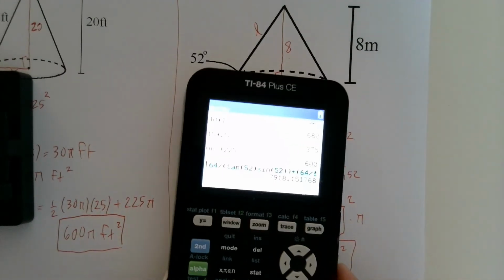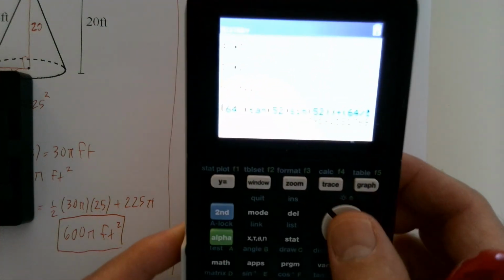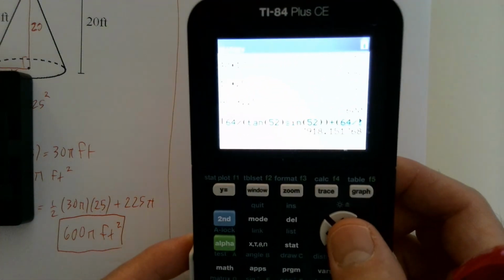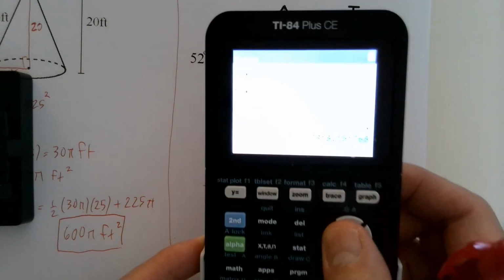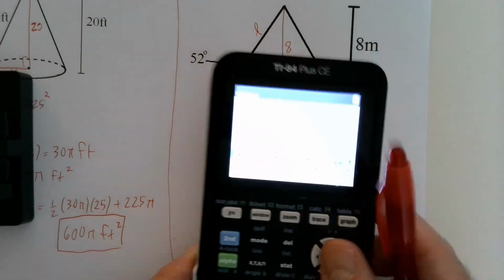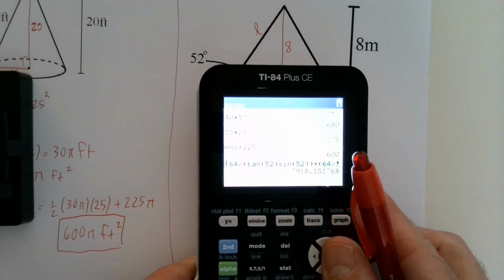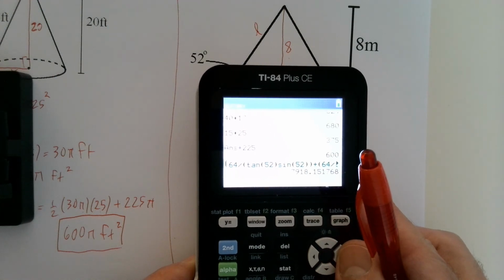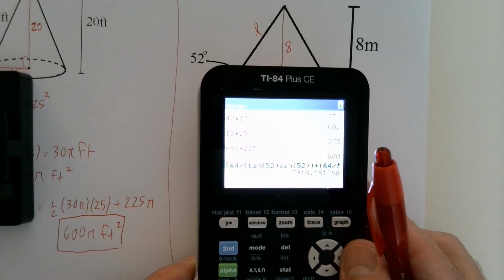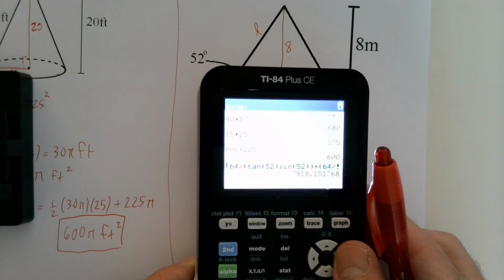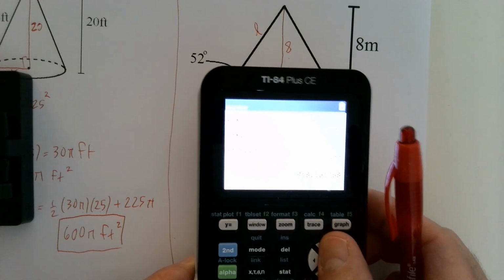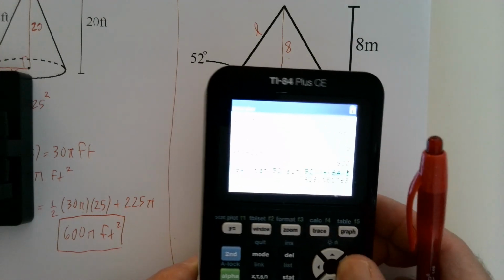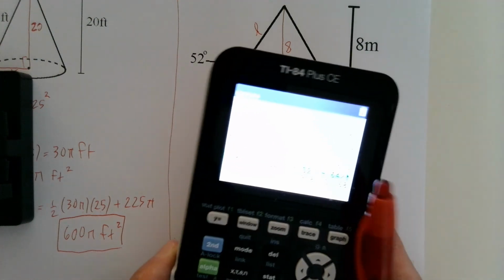No, it's not. Need a better document camera for this one so you can see exactly what I plugged in. Okay, that should be slightly clear there. So you can see what I did step by step. Well, it's not letting me go to the right there, but you get the idea.